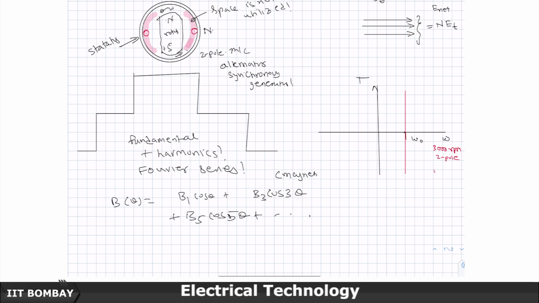If it was a four pole machine, it will be 1500 RPM, and if it is a six pole machine, then it will be 1000 RPM. So, the multiplier factor is basically, as I had explained in some of the previous classes, that the B waveform, the mechanical spread is only 360 degrees. If you are having only one pole pair, you get 180 degrees for north to south, then south to north you get another 180 degrees.